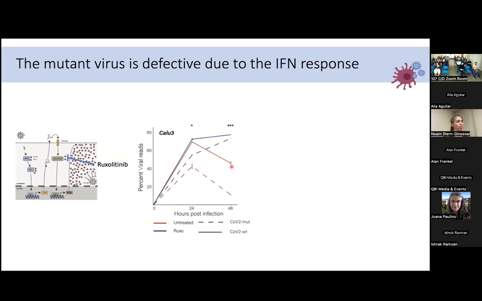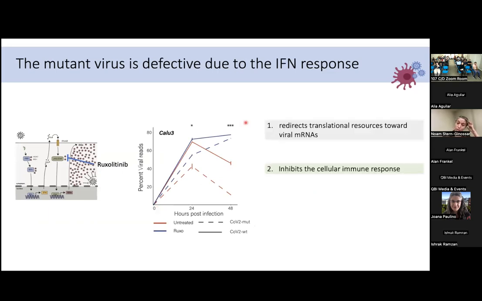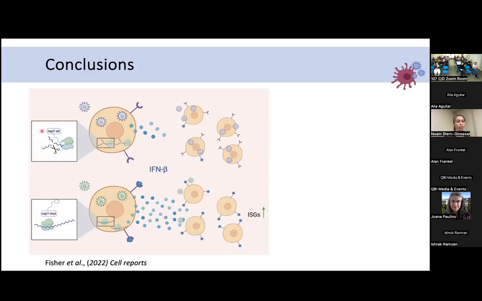But if we treat these cells with ruxolitinib, we can see that we rescue the mutant virus. So what this really shows, and was quite surprising to me, is that actually the most critical role of host shutoff, at least in SARS-CoV-2 infection, is not to support viral protein production, but actually to inhibit the cellular immune response.